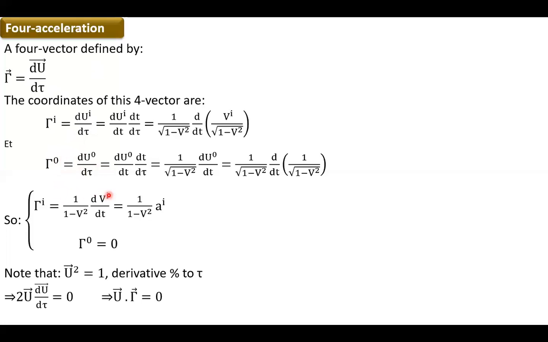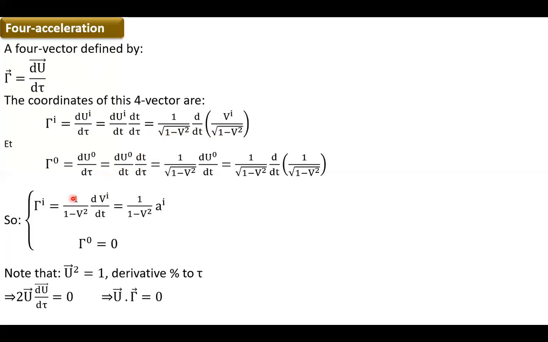So if you continue the acceleration, gamma i is 1 over radical 1 minus v squared. I mean, the radical of 1 minus v squared is a constant. So remember that v is the speed of the frame, which is constant because the frame is in uniform translation. So the radical of 1 minus v squared could be written outside of the derivative.